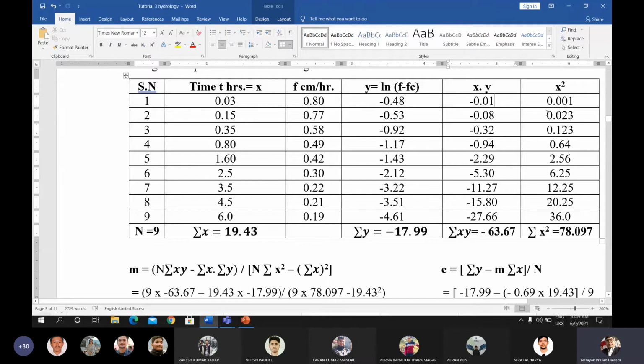I choose up to 3 digits here. After adding all these x square values, you will get the summation x square as 78.097.